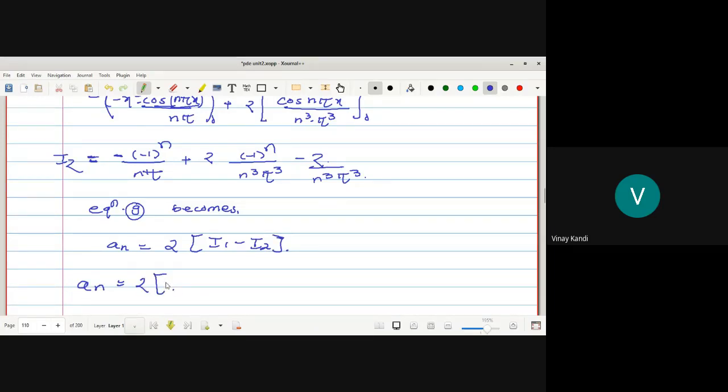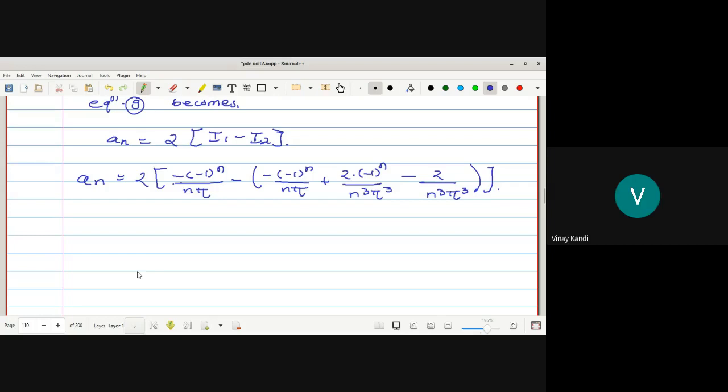So 2 into, what is I1? Minus of minus 1 raised to n divided by n pi, minus what is I2? This one, minus of minus 1 raised to n upon n pi, plus 2 into minus 1 raised to n divided by n cube pi cube, minus 2 upon n cube pi cube.